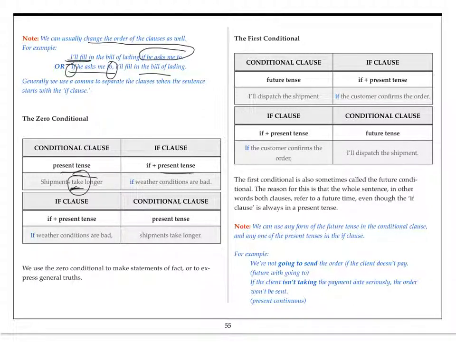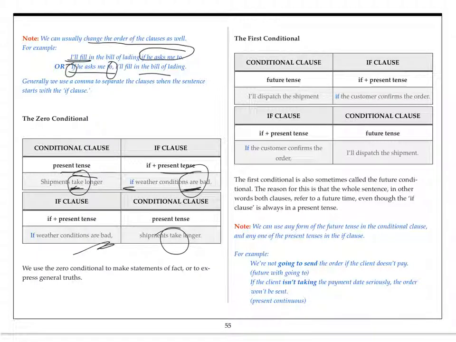Shipments take longer if weather conditions are bad. The are, that verb to be, is in the present simple as well. If we start with the if clause, it's the same. If weather conditions are bad, we've got if in the present tense, shipments take longer, right? And you've got that take in the present tense there.